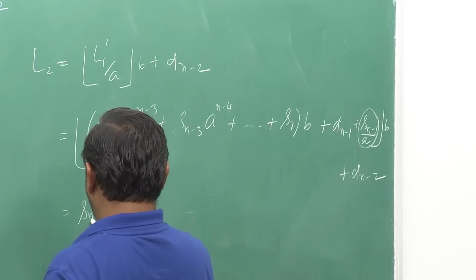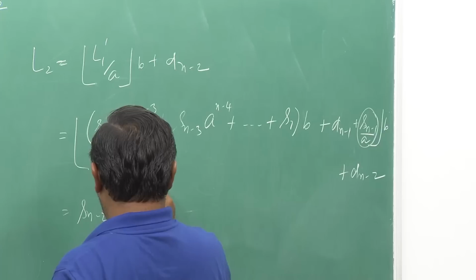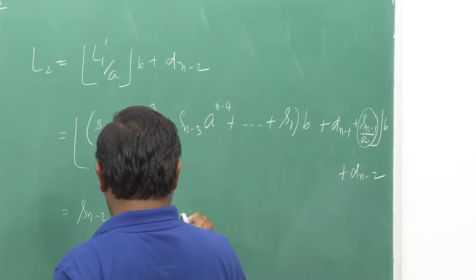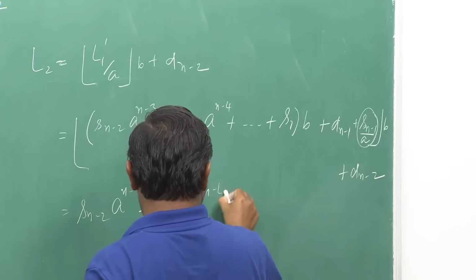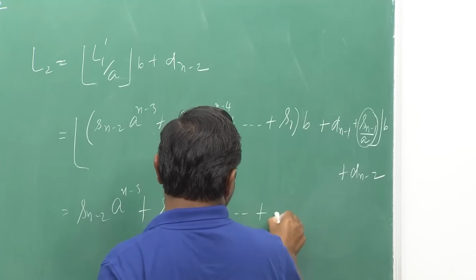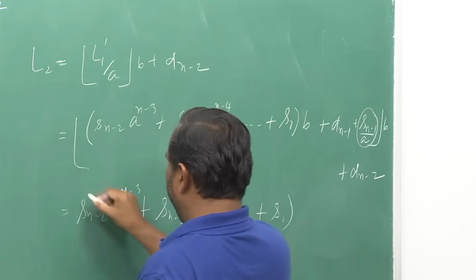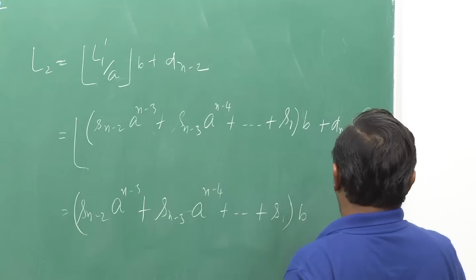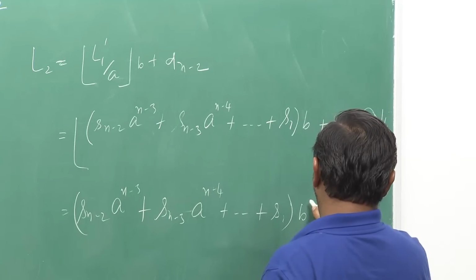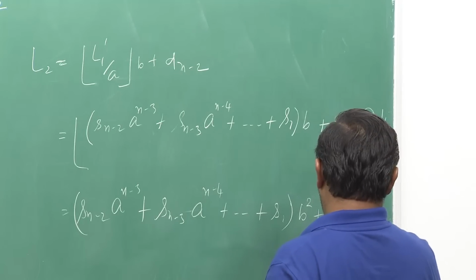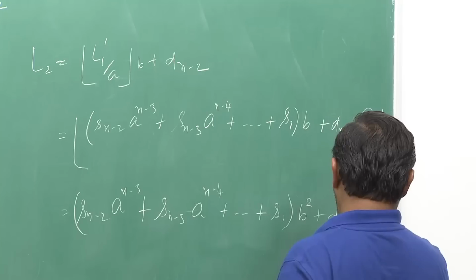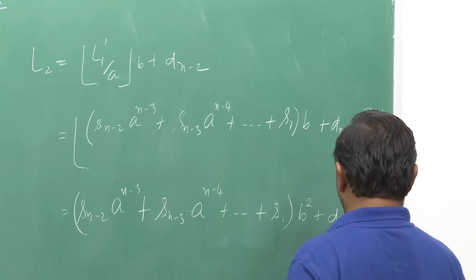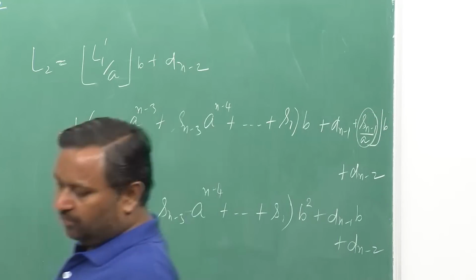So, it will be Sn minus 2. So, since b has to be multiplied later on, this is what you will get as L2.